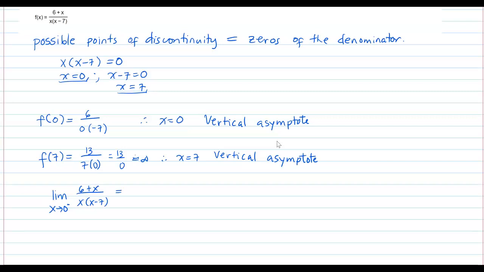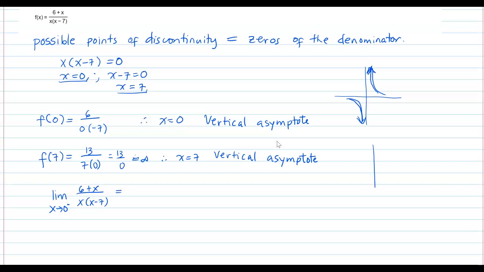Because you can have discontinuity at those points, but the limit does not exist. For instance, if the graph looks like that at x equals 0, it goes up to infinity here and also goes down to negative infinity there. In that case, they're approaching different values. So the limit does not exist. Although one is approaching positive infinity, the other one is approaching negative infinity. So we say that the limit does not exist at that point.